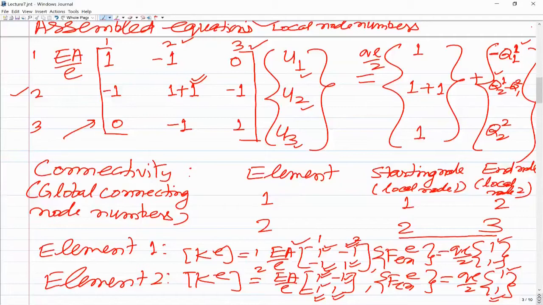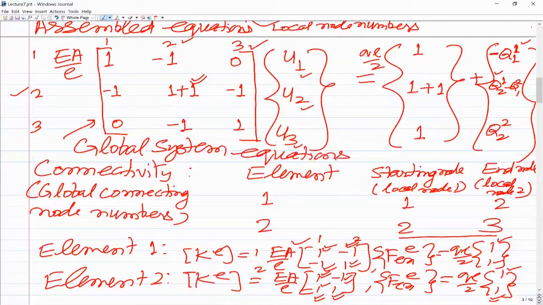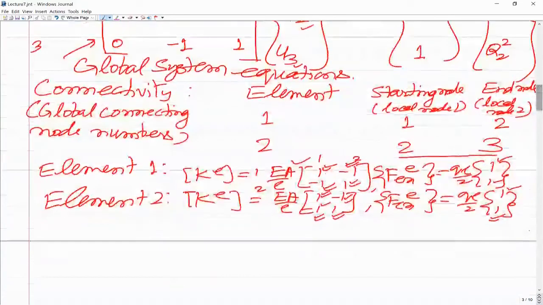So this is known as the global system equations. Earlier we derived the element level governing equations. Now these are the global system governing equations. So this is what we get as assembly. This is a very important step and you should understand it.